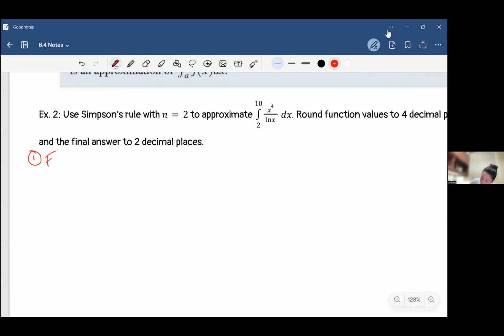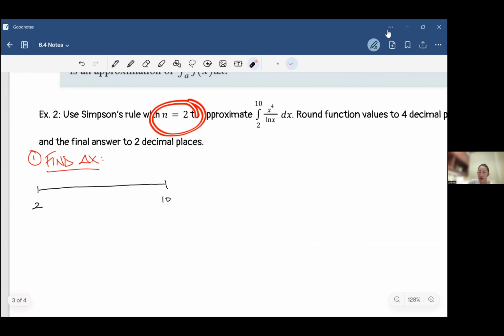All right, so let's find our delta x. Again, I like to draw a picture. I'm just going to draw from 2 to 10. I want to cut this into not 2 divisions, but 2n is 4, so I want to cut this into 4 pieces.